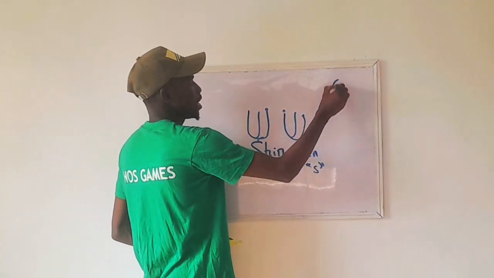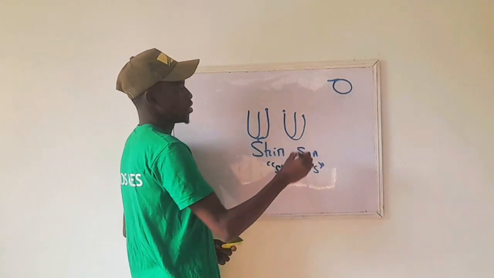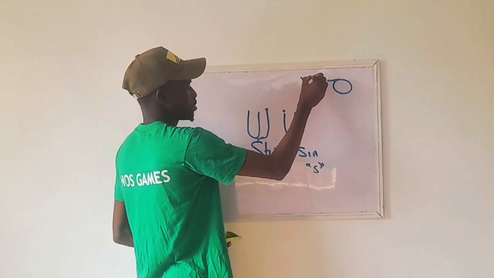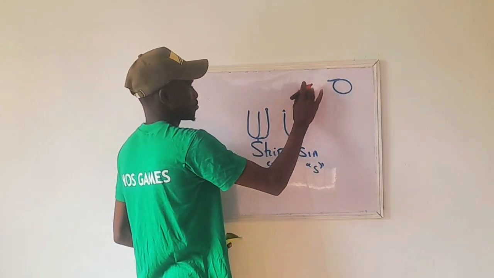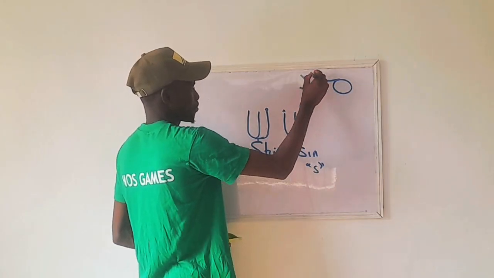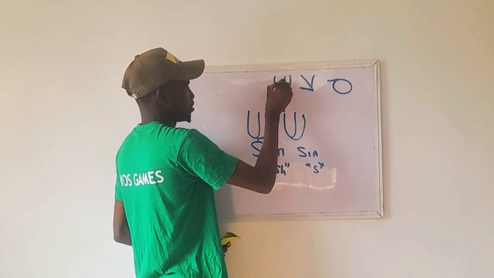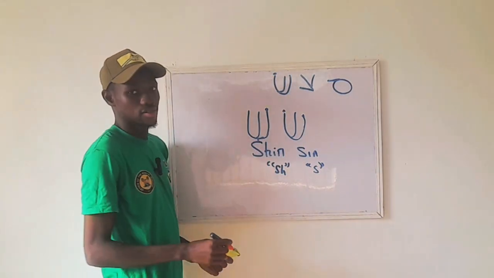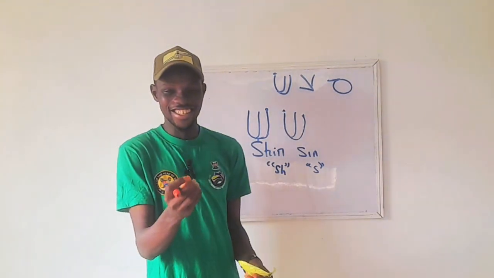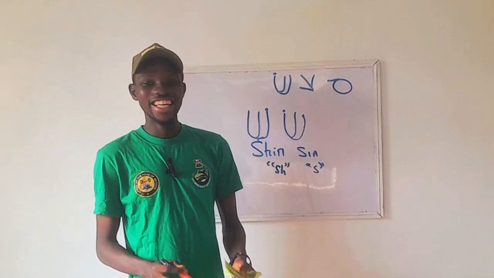Number one is samek, number two is sad, and number three now is sin. Sin, not iniquity, not sin like that, but that's the name of the letter, sin.